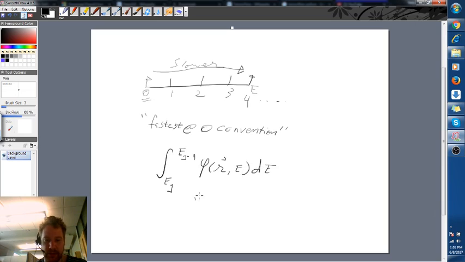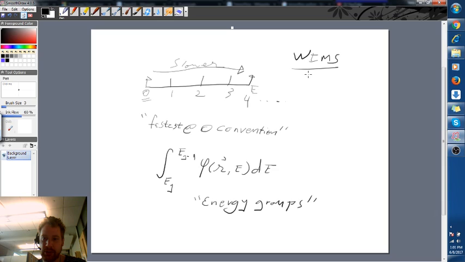This is under the study of, or in your indexes, energy groups. And you can have as many energy groups as you want, and there are structures for energy groups.